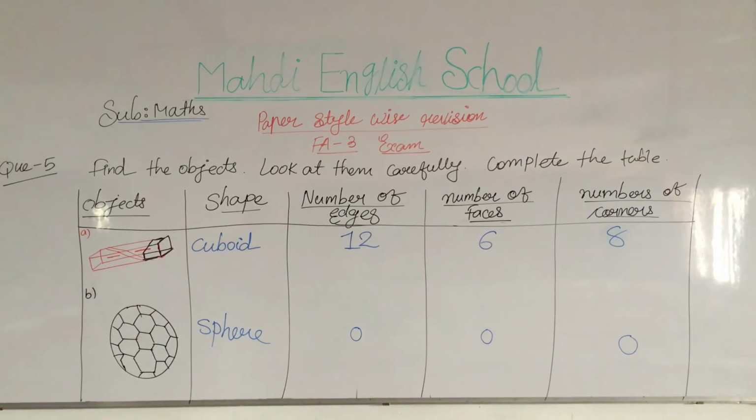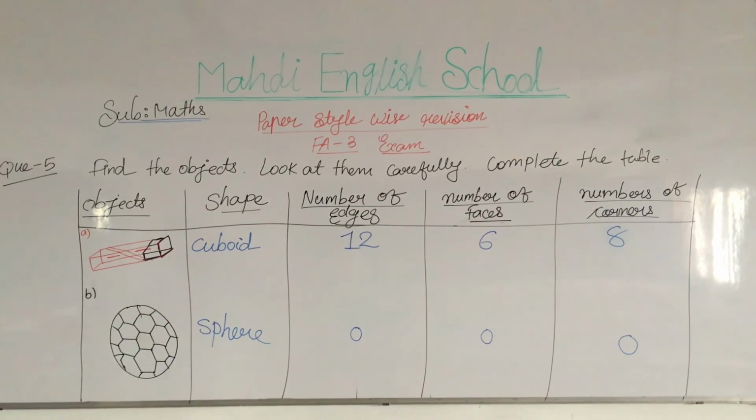Then we will take the other image, the other shape. Again I repeat, first the cuboid shape: number of edges 12, number of faces is 6, and number of corners is 8.